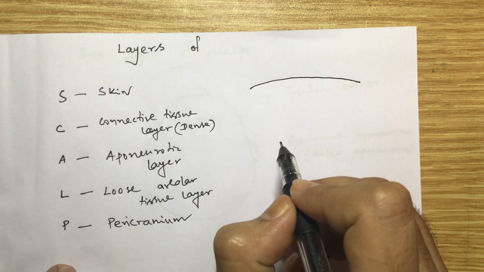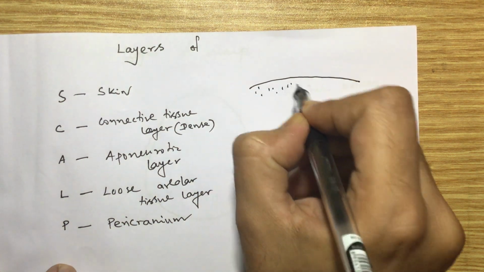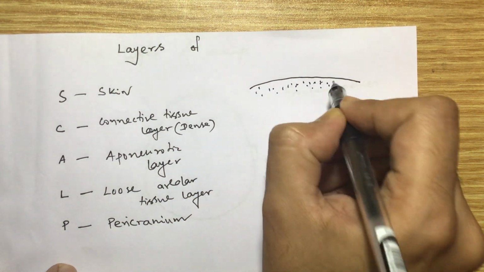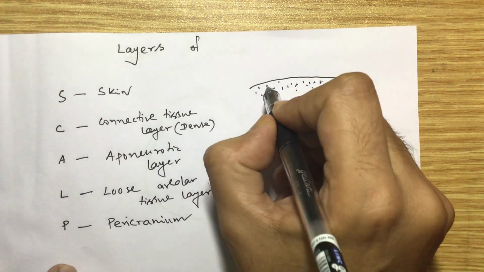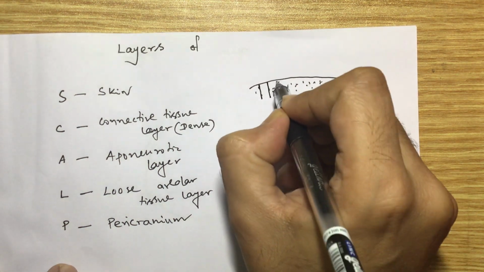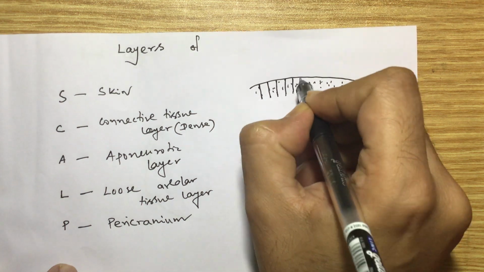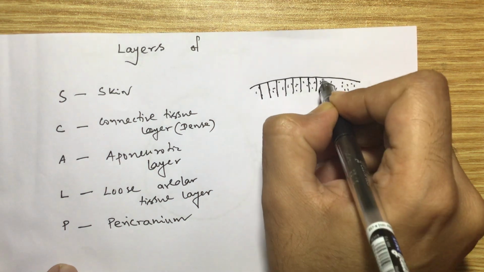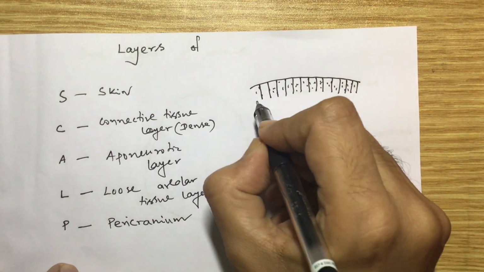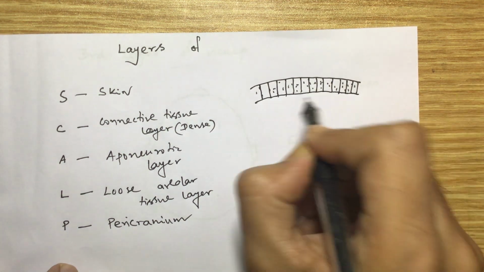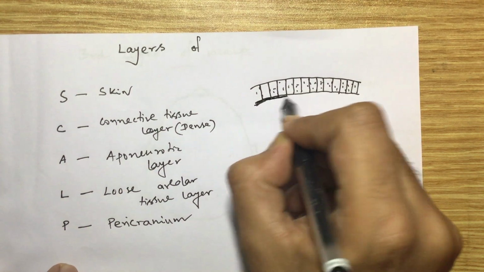Second layer is the connective tissue layer. Basically, it resembles the superficial fascia, but here many fibrous septa are present, which extend from the skin to the third layer, that is the aponeurotic layer, a thick aponeurotic layer.